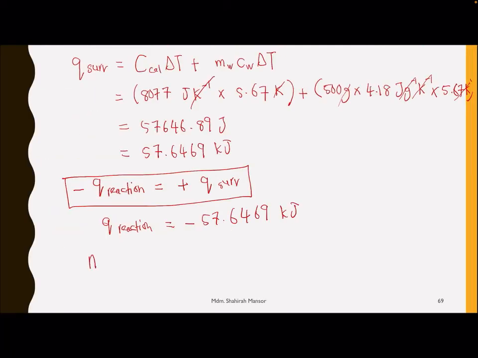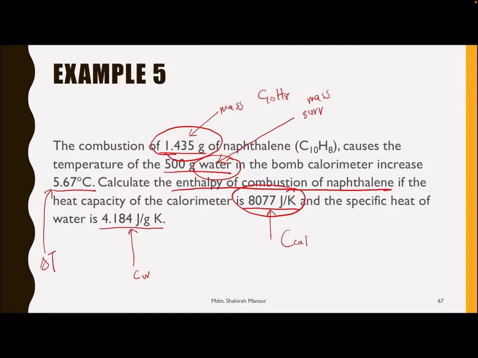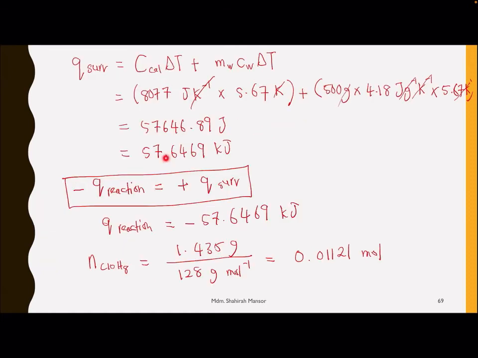So n of naphthalene is the mass in gram divided by its molar mass. So you will have 0.01121 mole. From this question, burning 1.435 gram of naphthalene will cause the water and calorimeter to absorb this amount of energy.